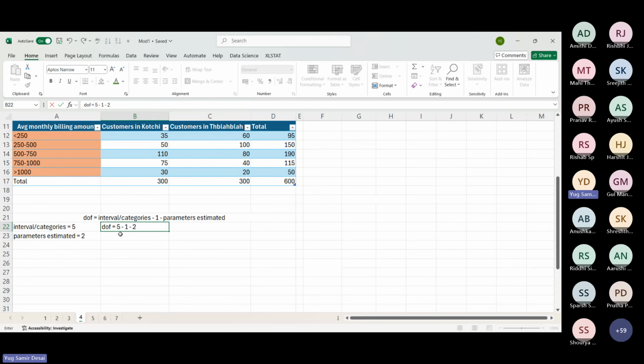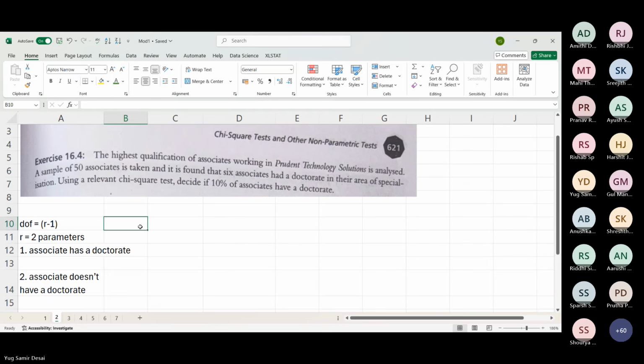Keep that in mind. If anywhere it's 0, either your degrees of freedom is wrong or you should use another test and not chi-square. So here you would get 2 as the degrees of freedom. And in the first case, DOF would be 2 minus 1 is 1.